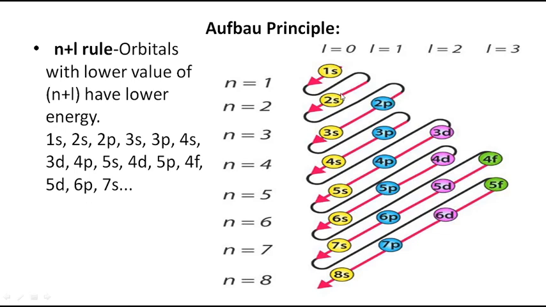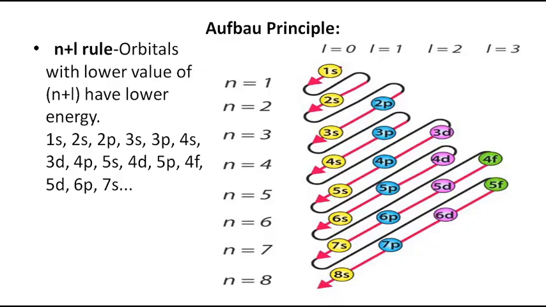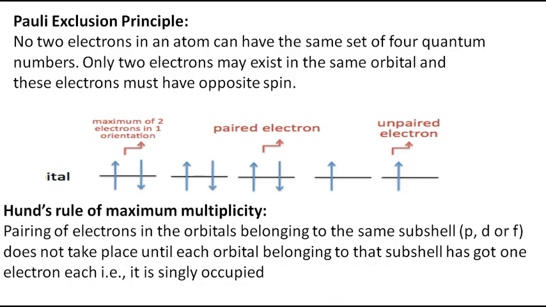An s orbital can accommodate only 2 electrons. A p orbital can accommodate 6 electrons because p has 3 orbitals, px, py and pz, so totally it can occupy 6 electrons. So 1s2, 2s2, 2p6, 10 electrons, 3s1. The last 1 electron will go into the 3s orbital. We'll do more examples for that Aufbau principle.